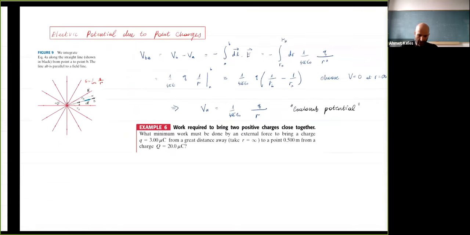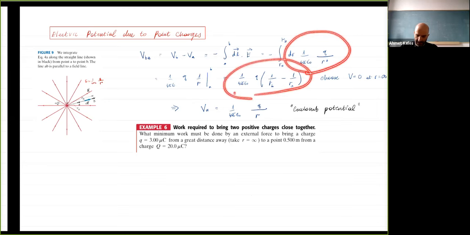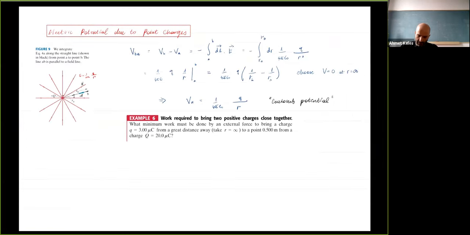Okay, so VBA is equal to VB minus VA, which is minus the integral from A to B of dl dot E. I can do this again, but it's exactly the same integral. I just put this in, take the integral, and I have something like this. And we choose V equal to 0 at R equal to infinity, then the potential of a point charge is found to be 1 over 4 pi epsilon naught Q over R, right?